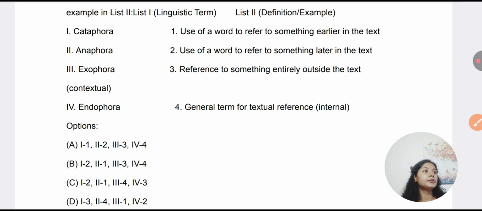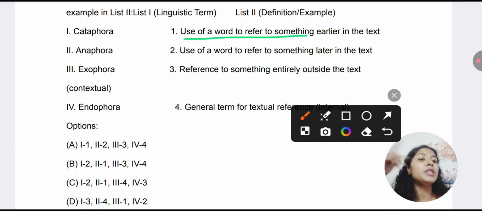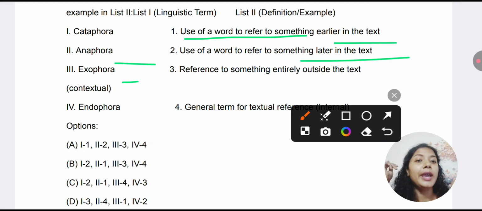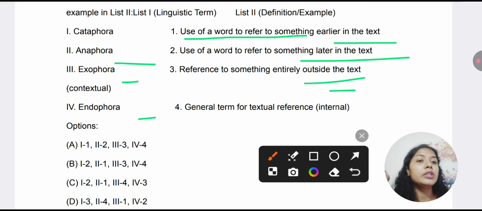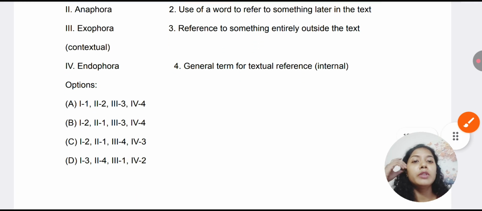Quickly comment. They are in front of each other, I guess, entirely outside the text. It is matched correctly. Cataphora refers to something later in the text, anaphora to something earlier in the text, exophora to something entirely outside the text, and endophora is the general term for textual reference that is internal. So option 1 will be the correct answer.